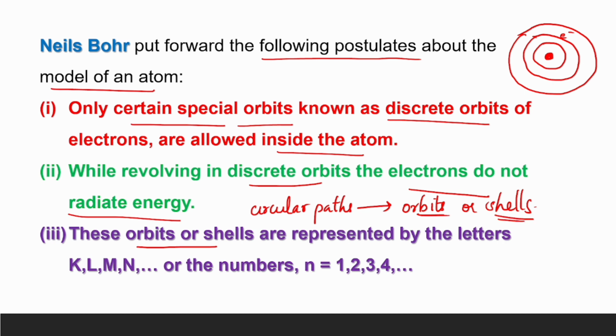He denoted them with the letters K, L, M and N. The K shell has n equal to 1, the L shell has n equal to 2, and then the M shell and the N shell, where n equals 3 and n equals 4. These are the four shells. So let's look.